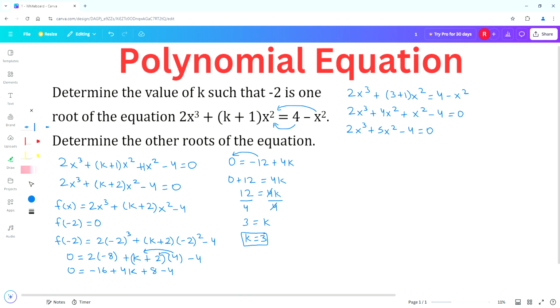This is the equation we get. As per the problem, negative 2 is one root of the equation. We can find the binomial factor for this equation. x plus 2 is a factor of the equation.